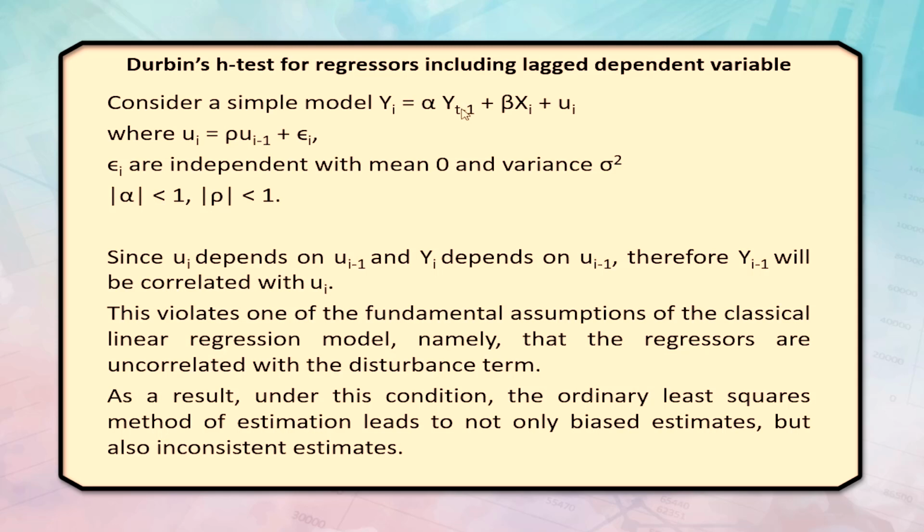So, y_i minus 1 will depend on u_i minus 1, because when you have y_i minus 1 here, you will have u_i minus 1 here. So, y_i minus 1 will depend on u_i minus 1 and u_i itself depends on u_i minus 1. So, there is some correlation between y_i minus 1 and u_i. That means the regressors and the random disturbance terms are correlated.